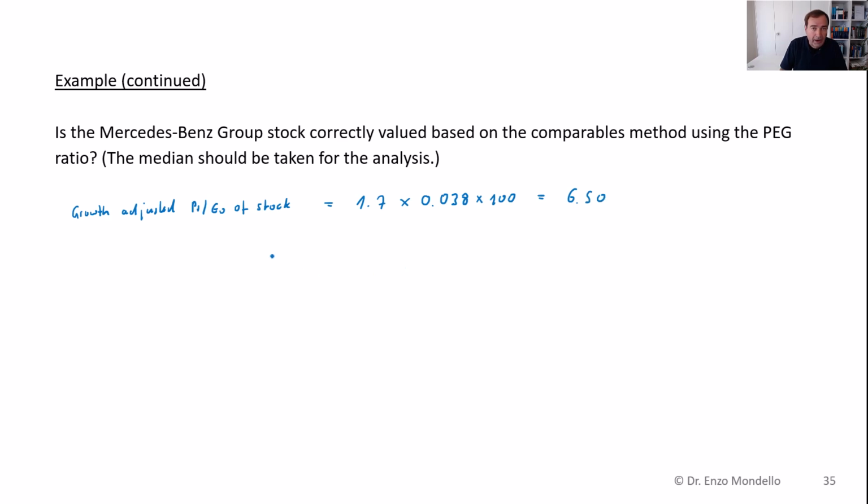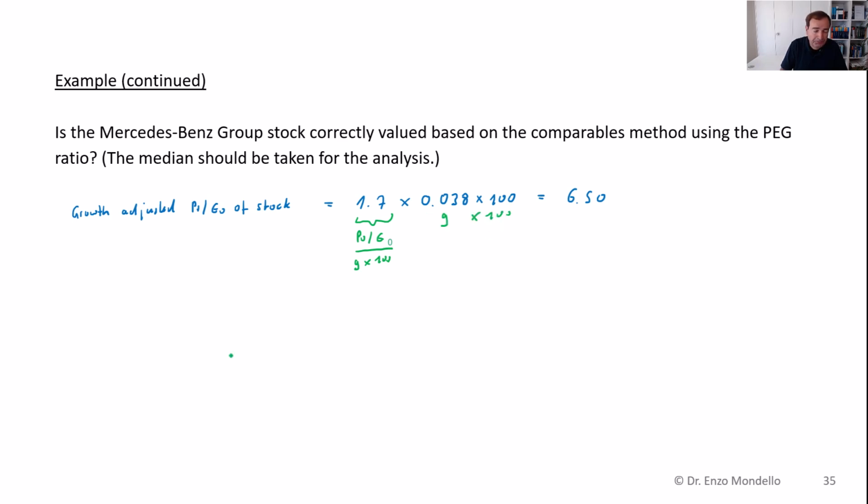So why do we obtain the price to earnings ratio? We start with the PEG ratio of 1.7. The PEG ratio, that's the trailing PE ratio divided by the growth rate times 100. And then we multiply that by the growth rate of the stock times 100.